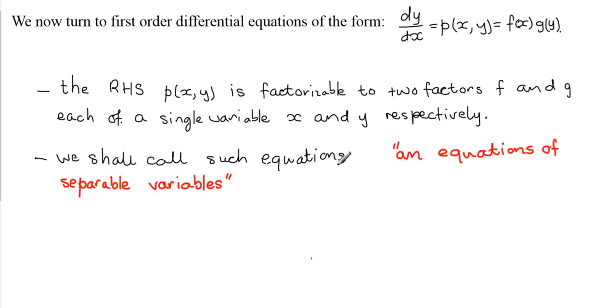We shall call these types of equations equations of separable variables. So whenever we see a function whereby the right hand side can be factorized into two factors, each one a function of one variable, we'll say that equation is an equation of separable variables.